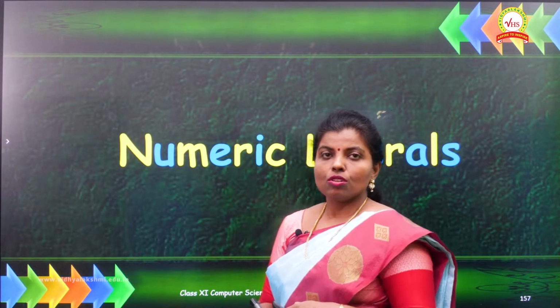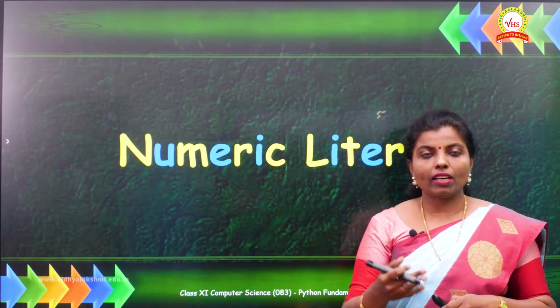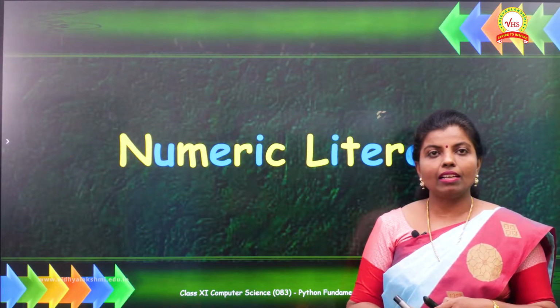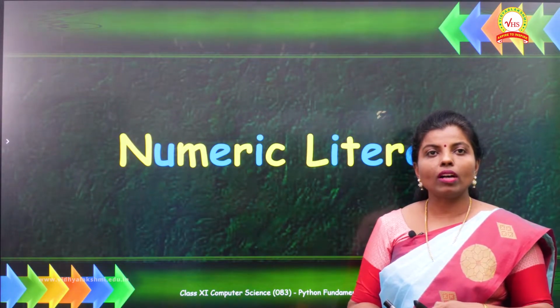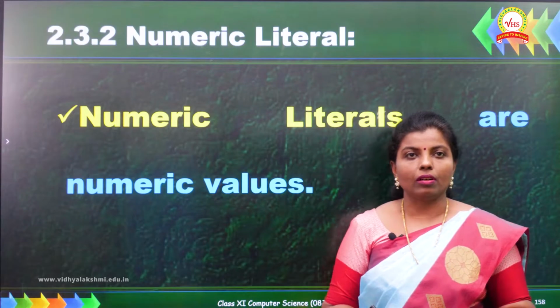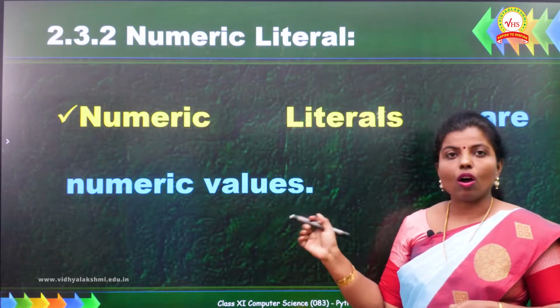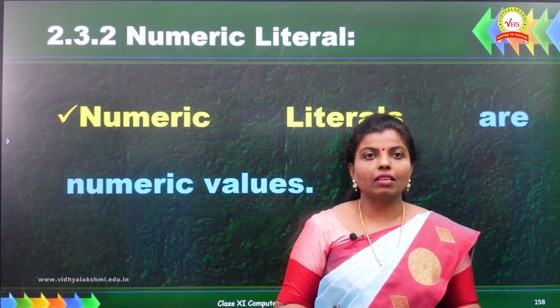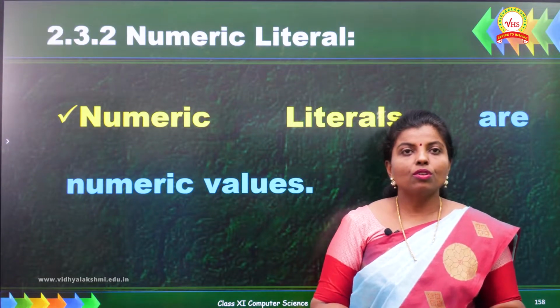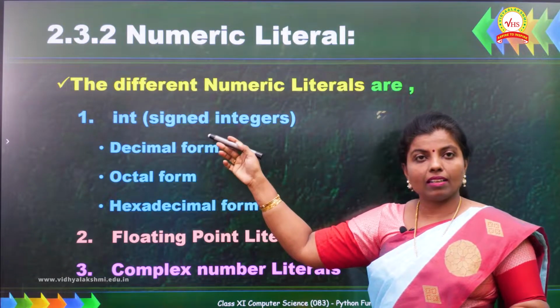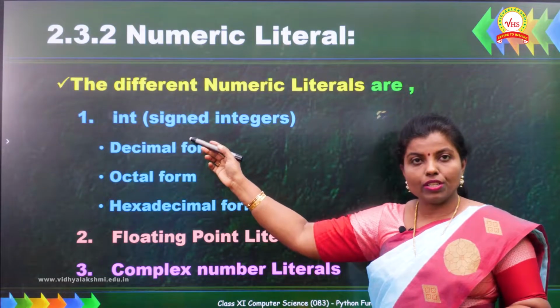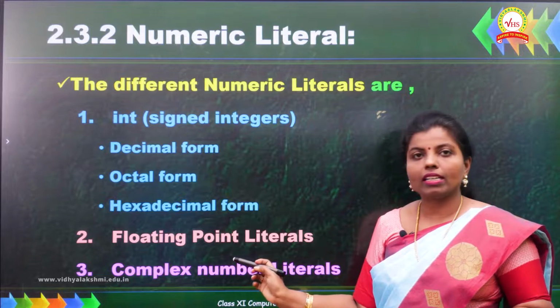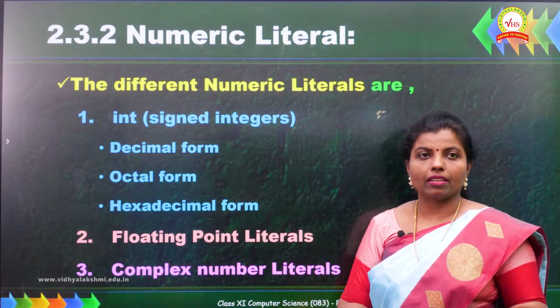Numeric literal. So, we are going to see what numeric literals are. You know very well, literals are values. Numeric literals are nothing but numeric values. The numeric literals can be represented in any of these forms: integer literals, floating point literals or complex number literals.